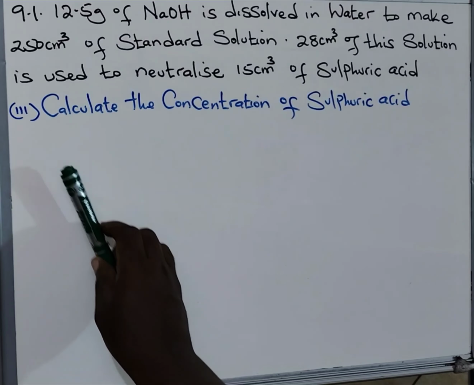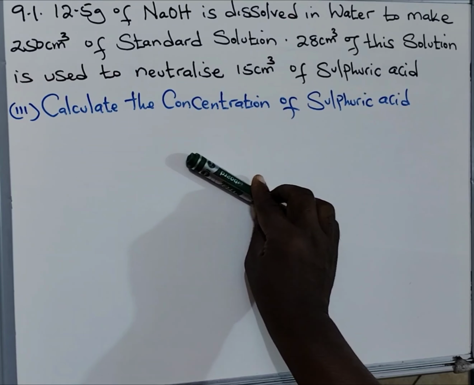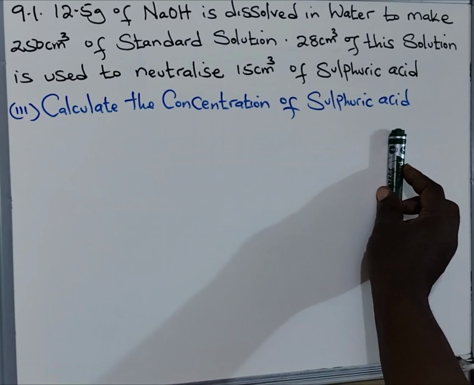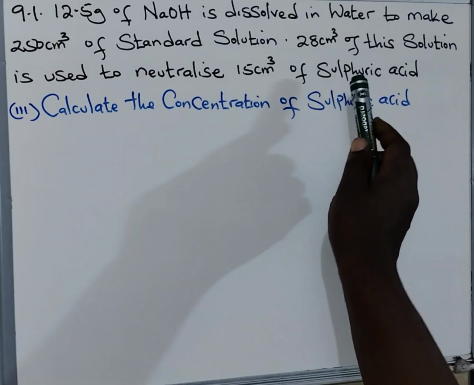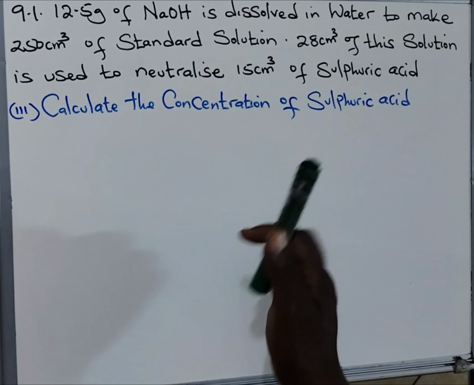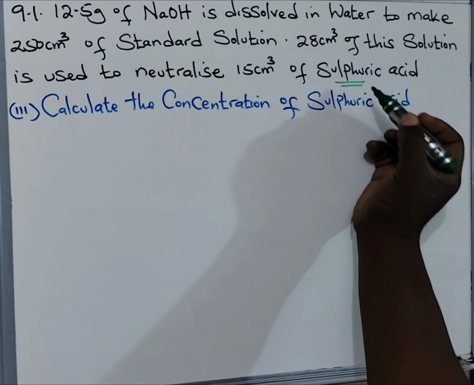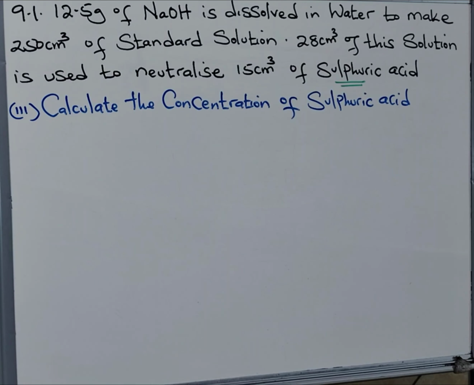Then comes this question. It says, calculate the concentration of sulfuric acid. Okay. Yes, how do you go about that? You have to know that when a case like this one comes, we move from known to unknown. Our unknown is sulfuric acid. So what do we do?